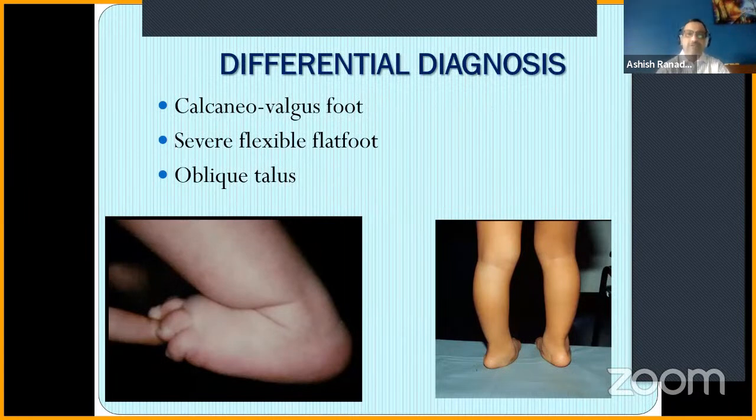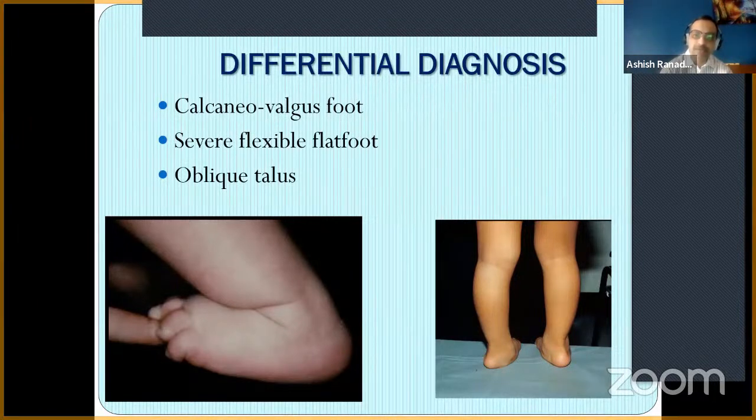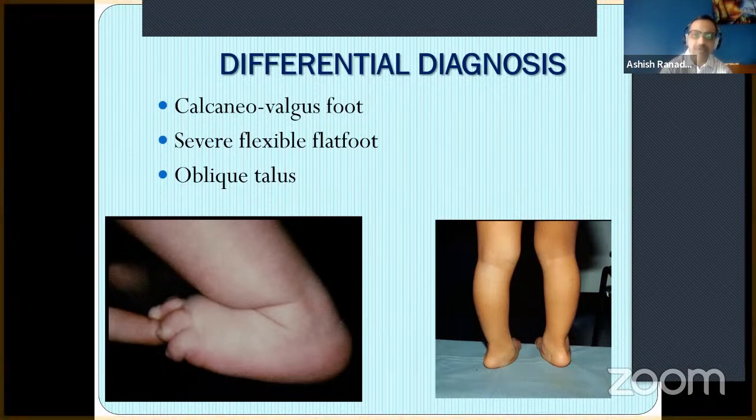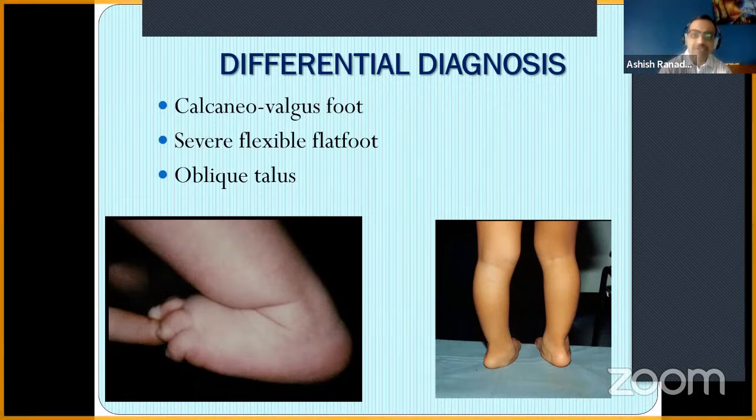As you know, the differential diagnosis comes into the picture at early stages in infancy or the neonate: severe calcaneovalgus foot, severe flexible flat foot, and oblique talus. What differentiates congenital vertical talus from these is the dorsolateral dislocation of the navicular, which is irreducible, and the hindfoot, which remains in equinus.